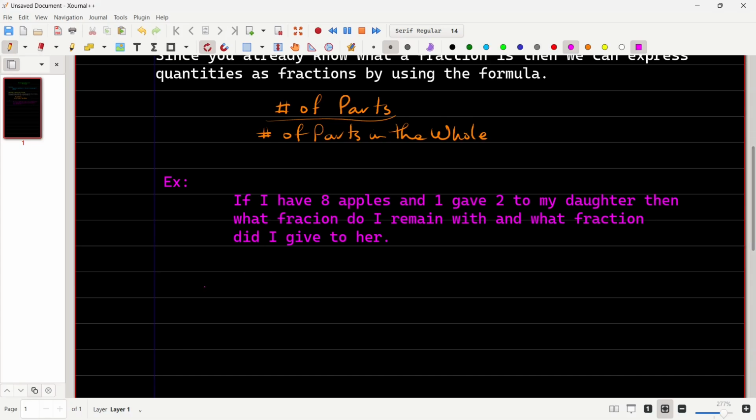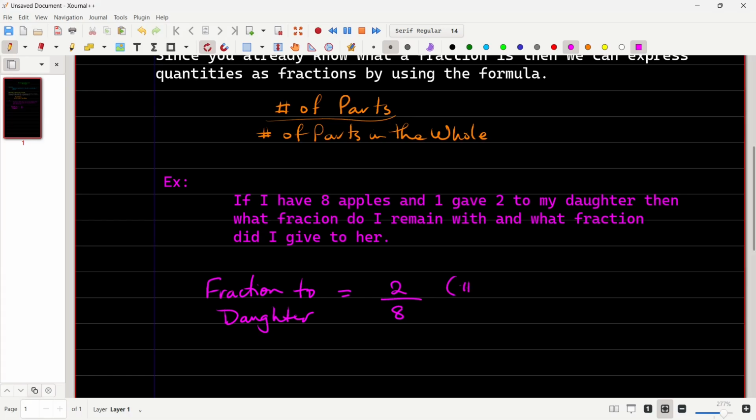So let's say the fraction, not faction, fraction to my daughter is going to be 2 out of my total 8.